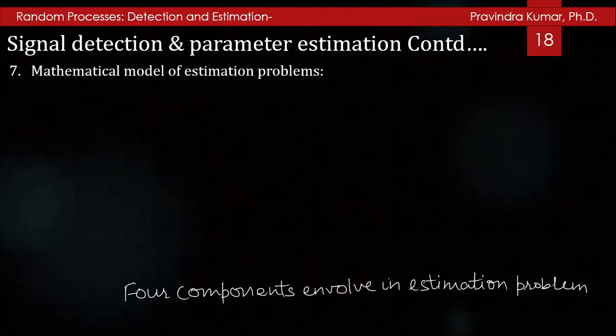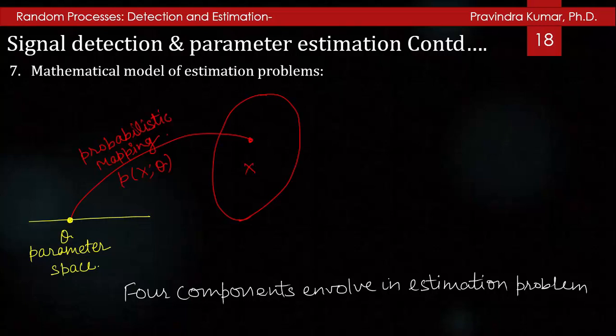Now we will discuss the mathematical model of the estimation problem. The model used in the estimation problem involves four components. First, the source, whose output depends on the parameter theta. The parameter is either random or non-random, means deterministic, unknown quantity. Second is the probabilistic mapping of the parameter on the observation x.